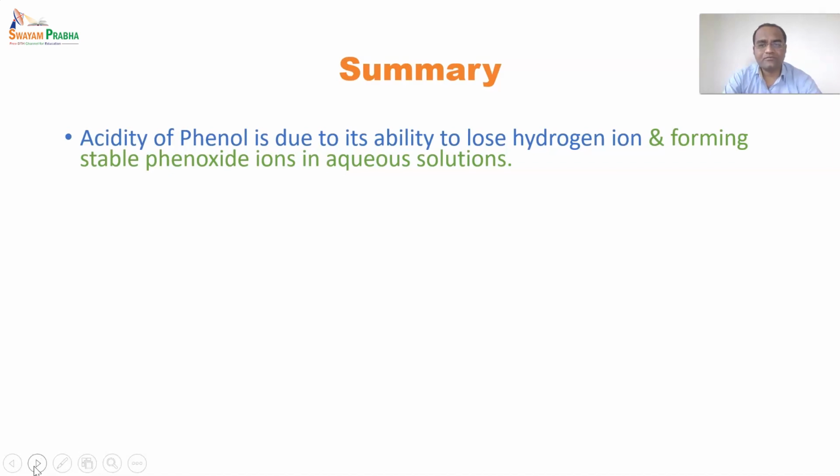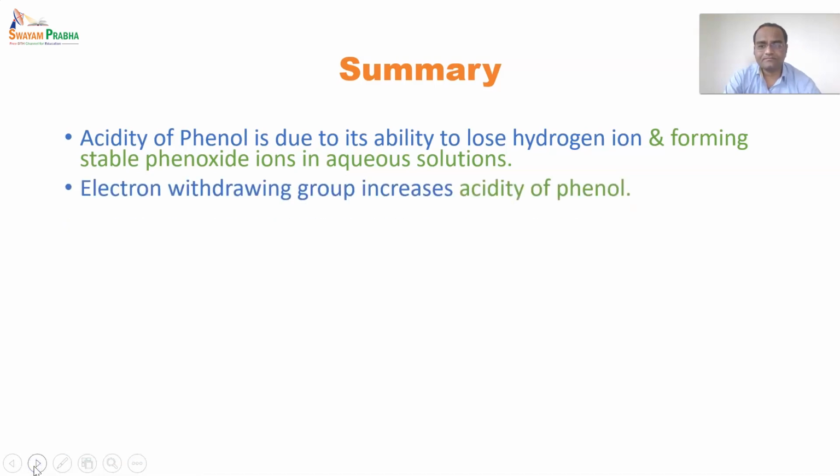That is why phenols are acidic in nature. We also saw the resonance structure of the phenoxide ion, how delocalization of electrons takes place in the phenoxide ion, which makes phenoxides stable.